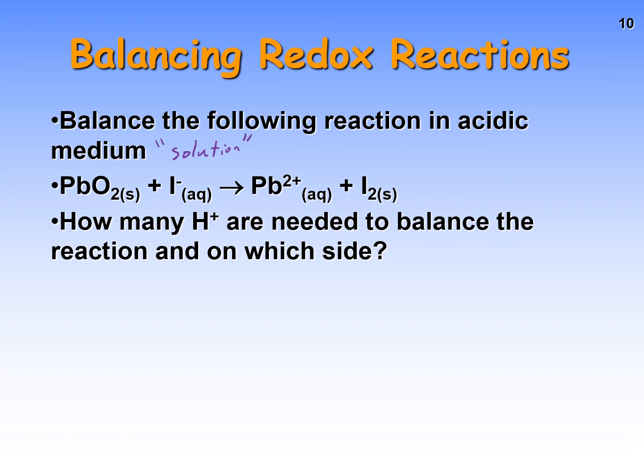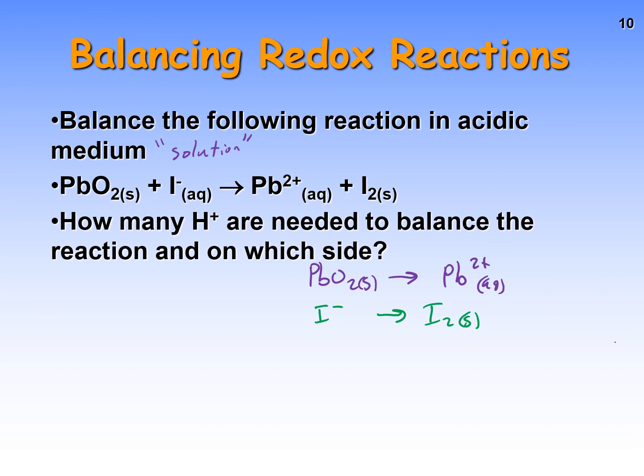So let's first split it up into the half reactions, right? I know I have PbO2 solid goes to Pb2 plus aqueous, and I have I minus goes to I2 solid. I need to balance that. We'll balance the first one.